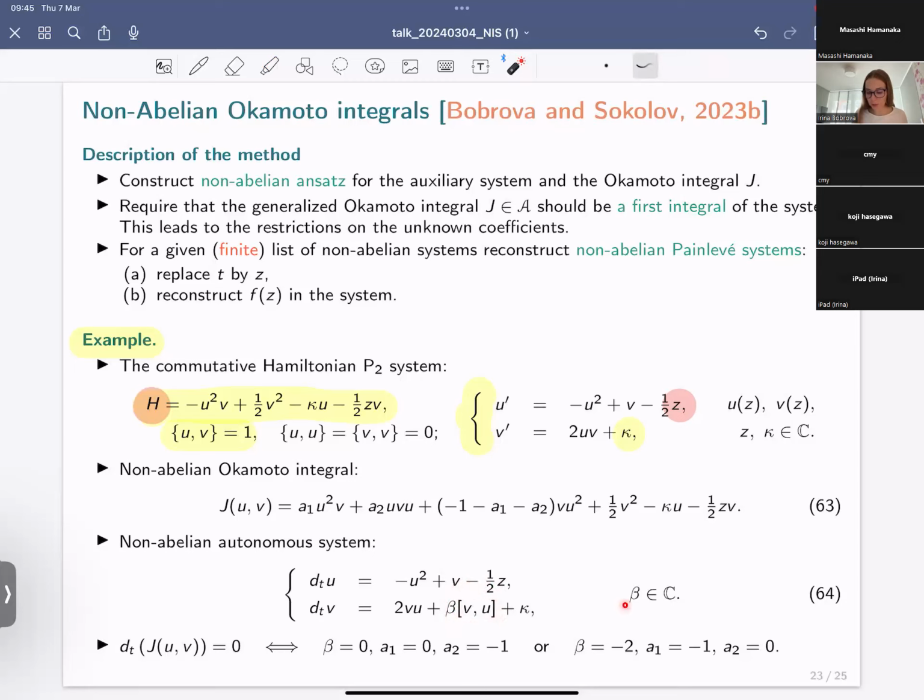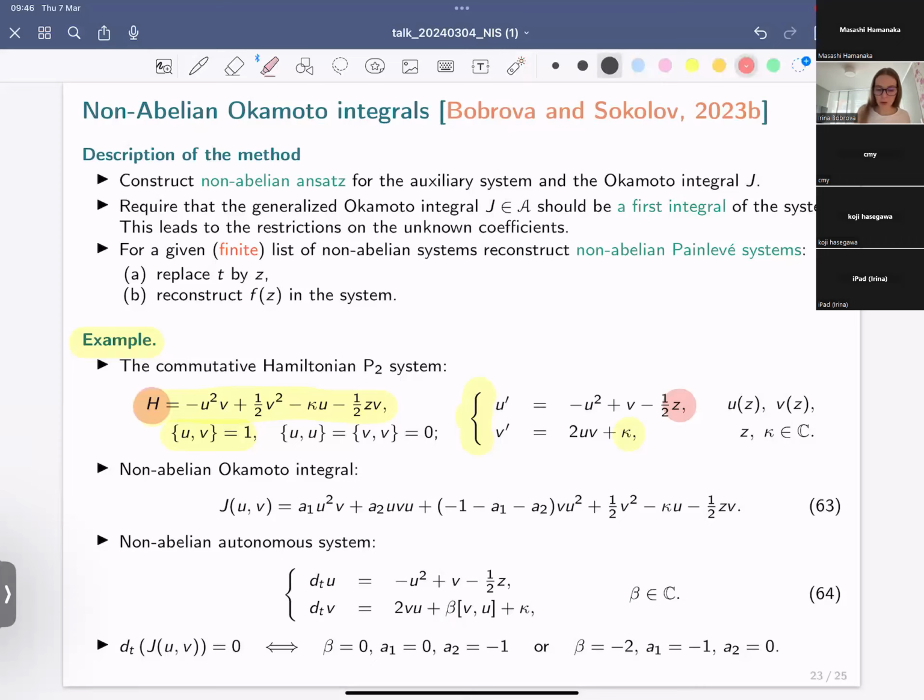And beta is a scalar parameter that we want to determine.